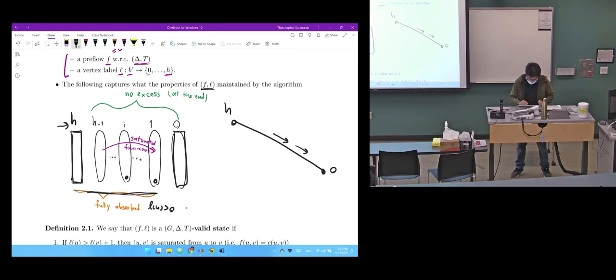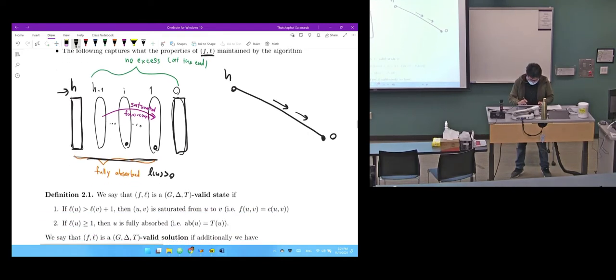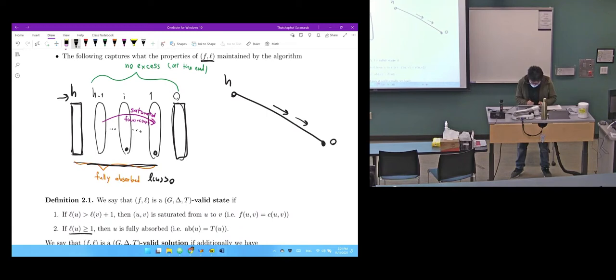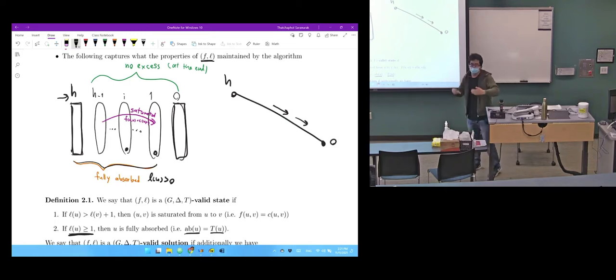So every node that has level at least 1, the absorbed mass at U is the sink capacity of U. You will always have this. Okay, so I'm describing the invariant of the algorithm first before telling you what the algorithm is. This is something that always holds.